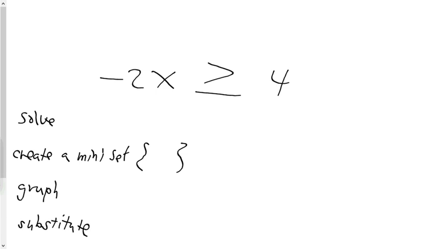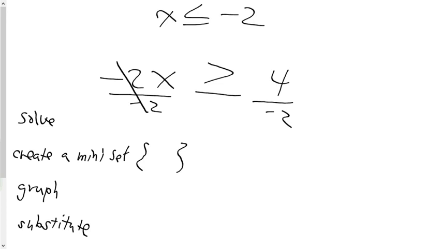So when we solve it, obviously what we're going to do is divide both sides by negative 2. But remember what we said before. If you multiply or divide both sides by a negative value, in this case we divided both sides by negative 2, you have to flip your sign. So we're going to go this way, and that will be our solution, right?